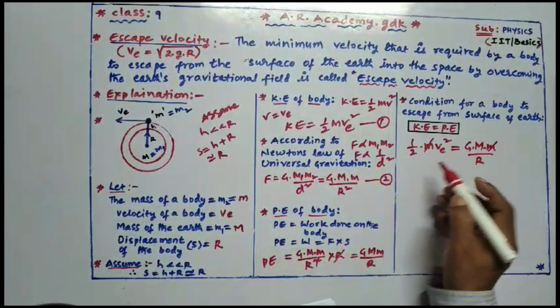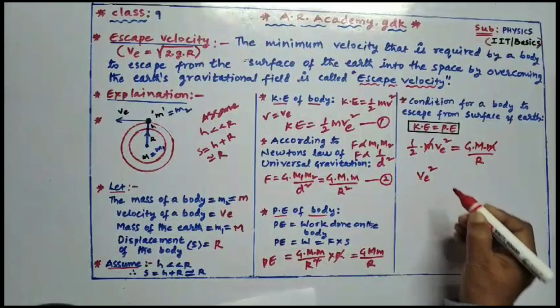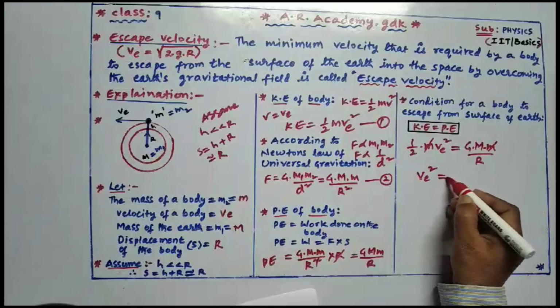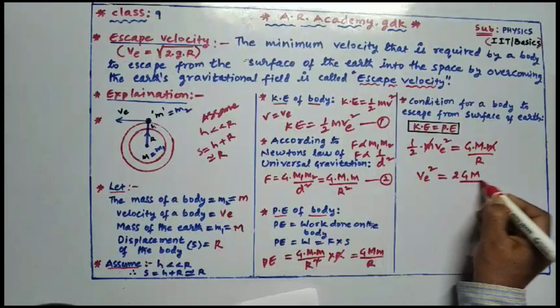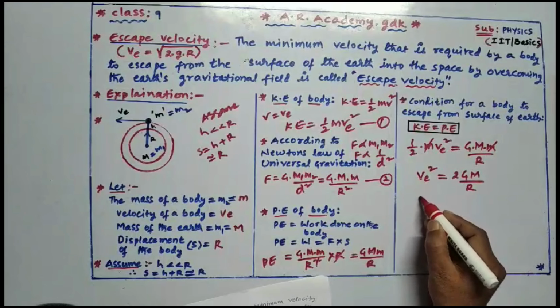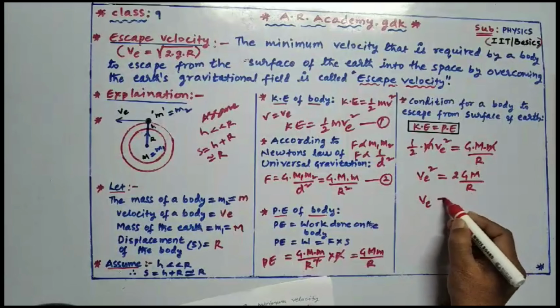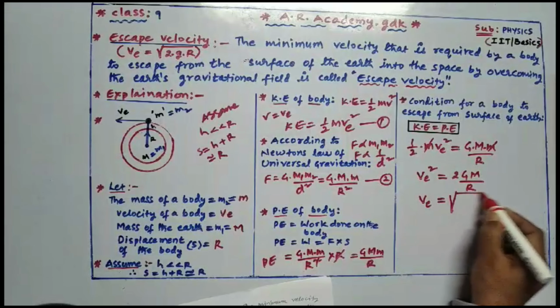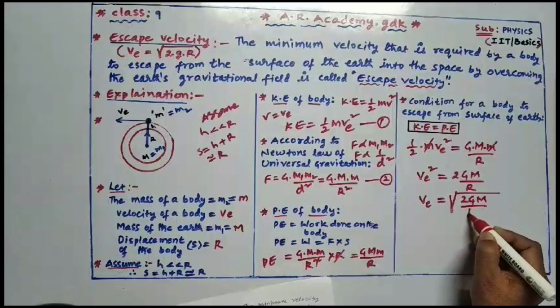Sending that side, VE square equals 2GM by R. VE means, square sending that side, it becomes square root of 2GM by R.